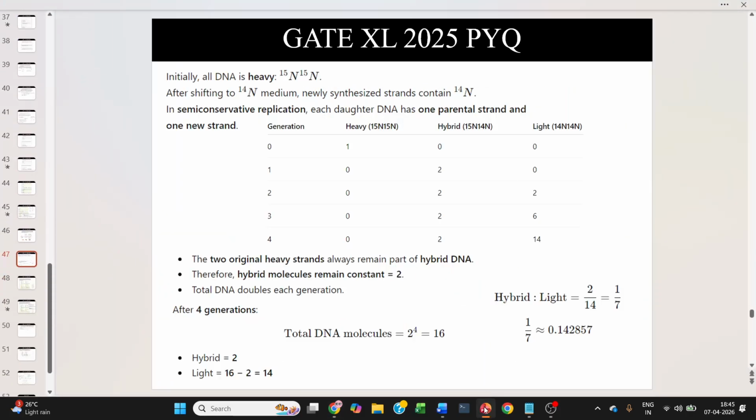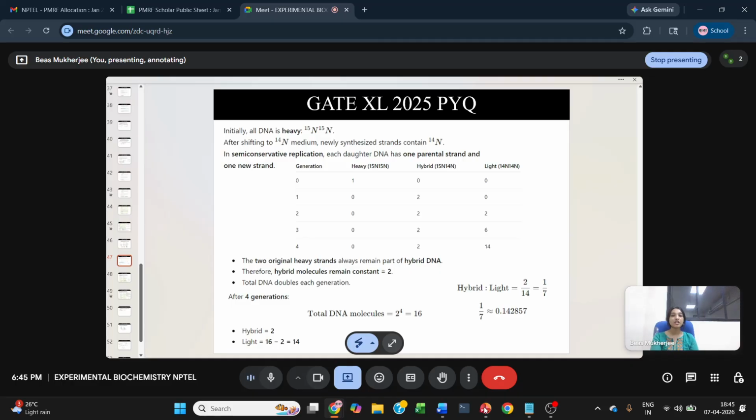Now how do we solve this question? So initially all DNA is heavy DNA, so that is 15-15. Now, after shifting to 14N media, newly synthesized strand contains 14N DNA. In semi-conservative replication, each daughter DNA has one parental strand and one new strand. So you can see the table is given.